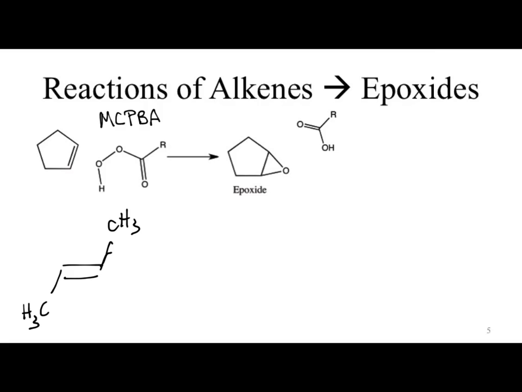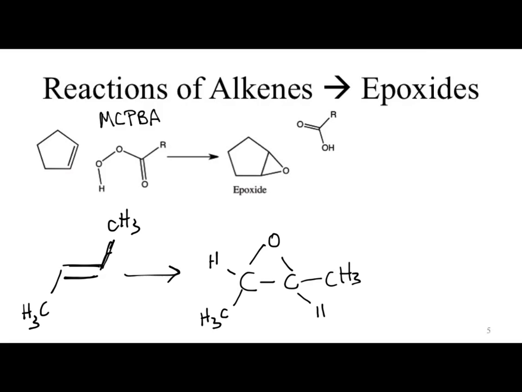So let's say we go through this reaction, except now here's our starting material. It's this alkene. What's our product look like? So we need that ring. So there's our carbon, carbon, there's our oxygen. So there's our epoxide. And we also technically still have our hydrogens on there, right?